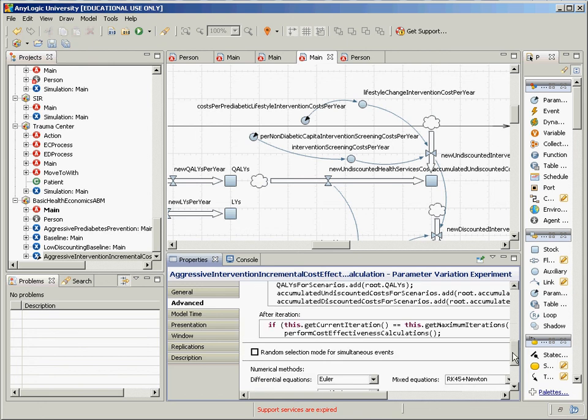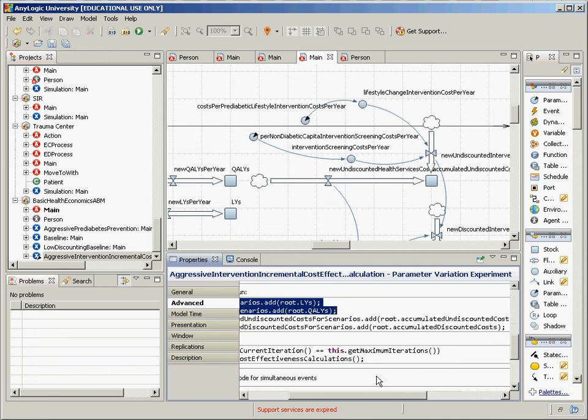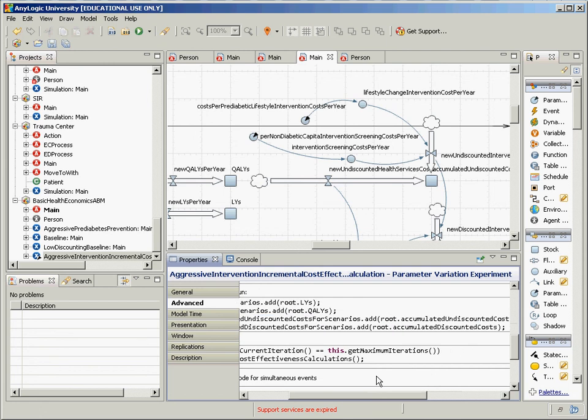And the code to do this is in here. So we're, for example, computing the life years lived for each successive scenario, the qualities, the undiscounted costs, and the discounted costs.